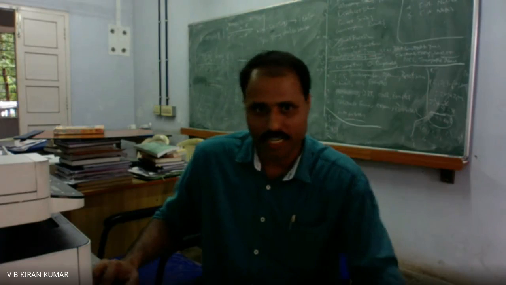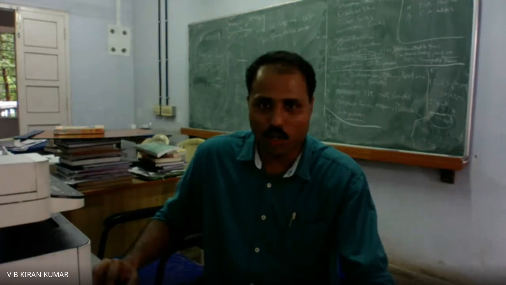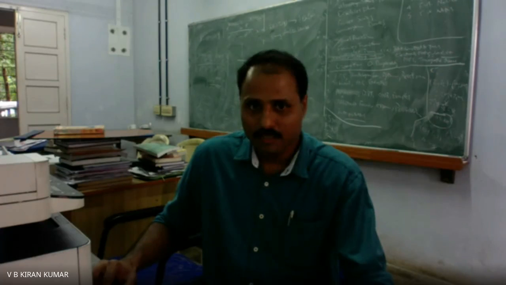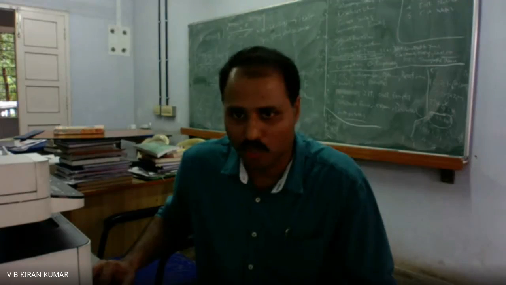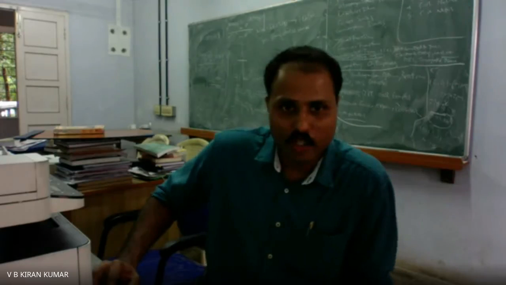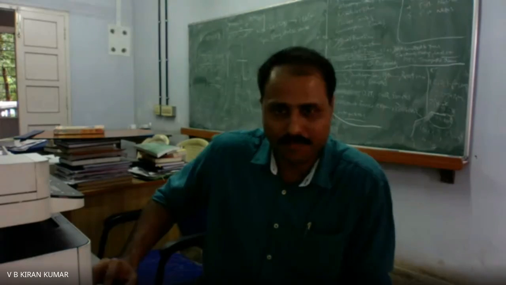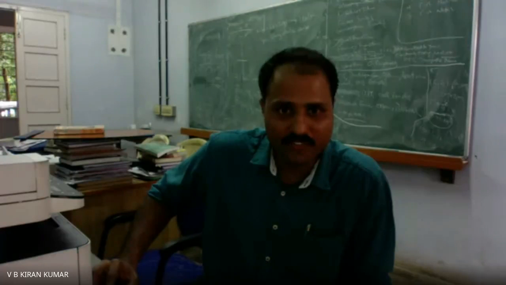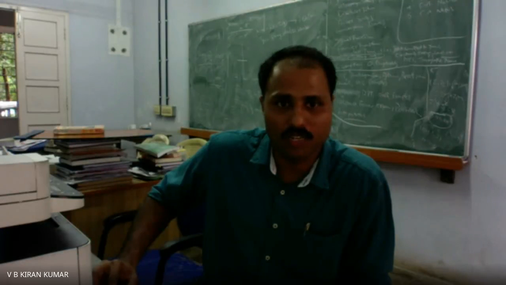Now look at here. If f alpha is an orthonormal set in a Hilbert space H, and f belongs to H, then the set E_f of f alpha such that the inner product of f alpha with f is non-zero is countable. You have already observed that this is countable.